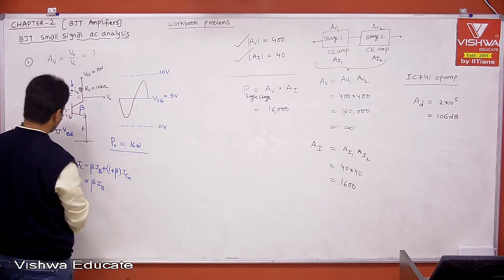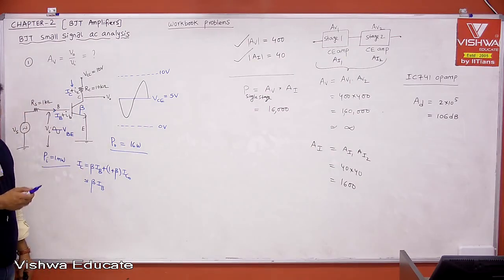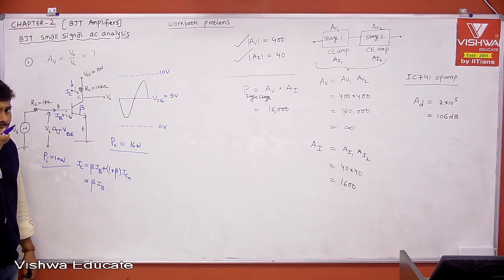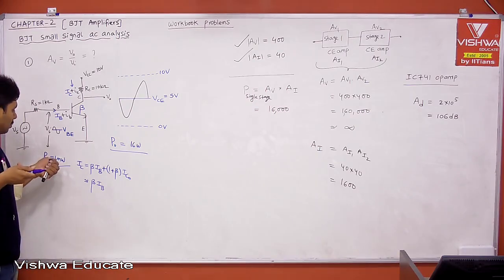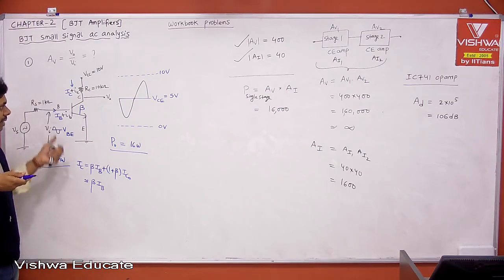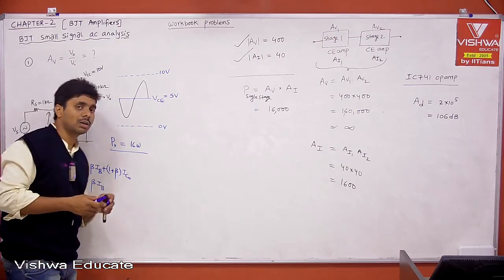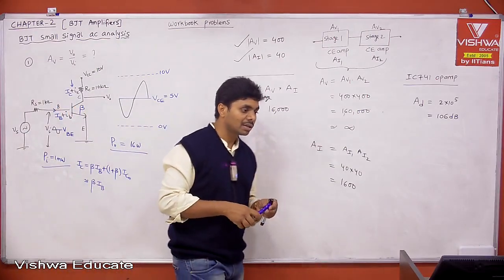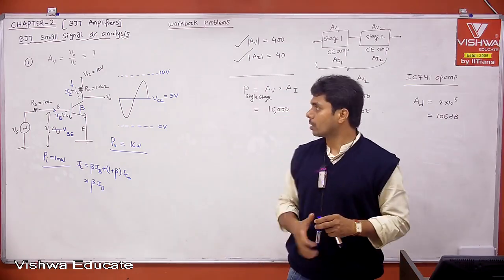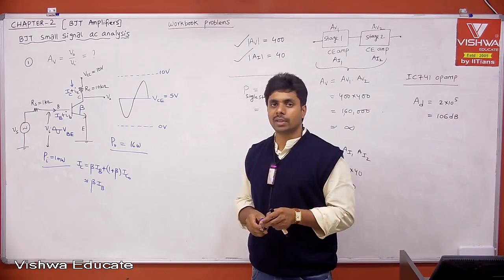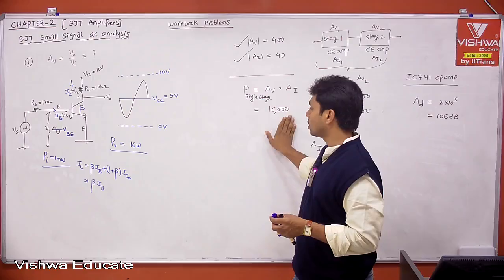Let us say this is your audio amplifier, and whatever signal I am speaking here has 1 milliwatt of power, then it can drive a 16 watt loudspeaker, because the common emitter amplifier has power gain of 16,000, which is too significant.